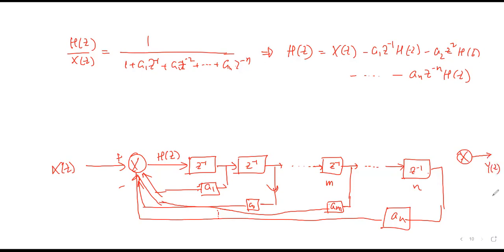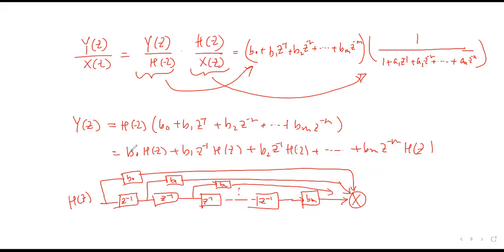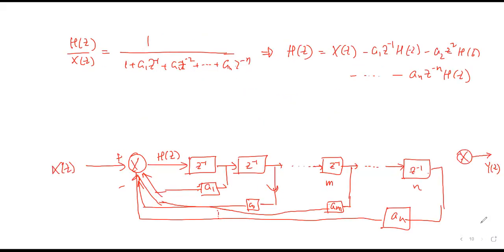Y(z) is the summation where H(z) is multiplied with b0, and the delayed version is multiplied with b1. So H(z) will be multiplied with b0 and come straight here with the plus.